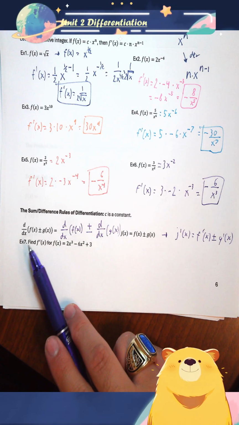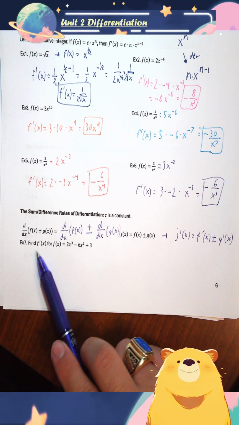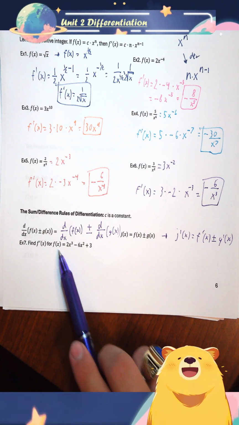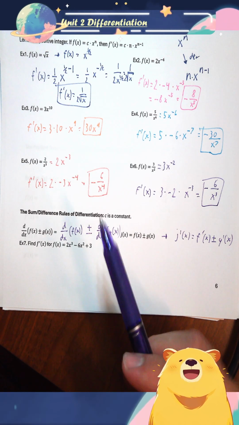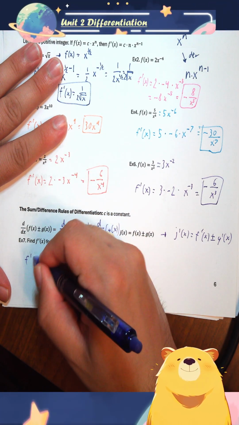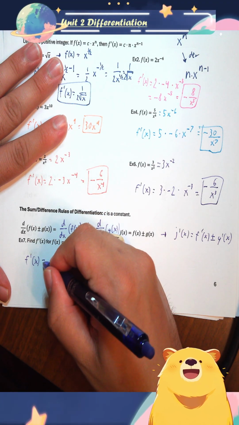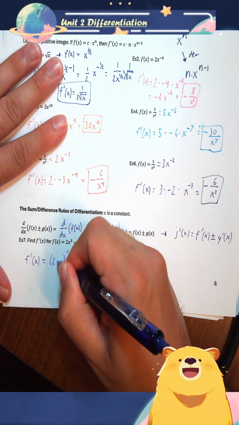So we're going to be set up in a situation where we have to use this rule. Example 7. Find f prime for this function. And notice it's the combination of three parts. So instead of tackling them all together, we could technically just tackle them all piece by piece.